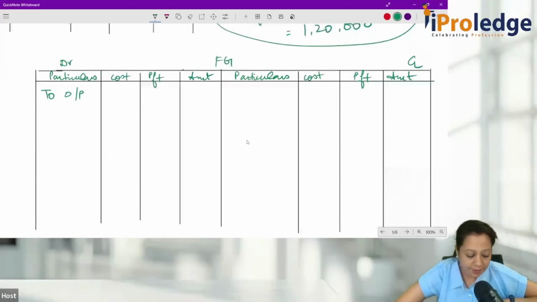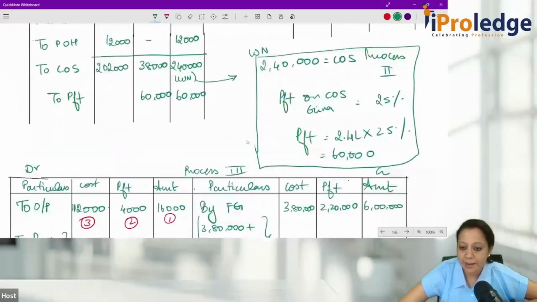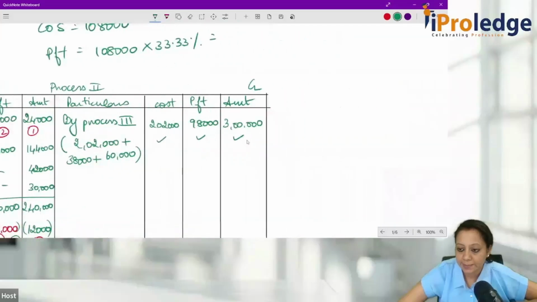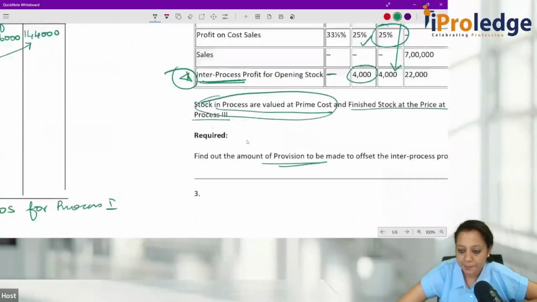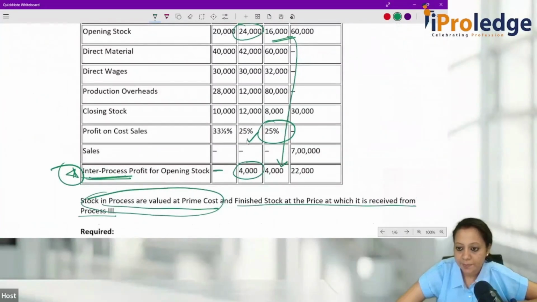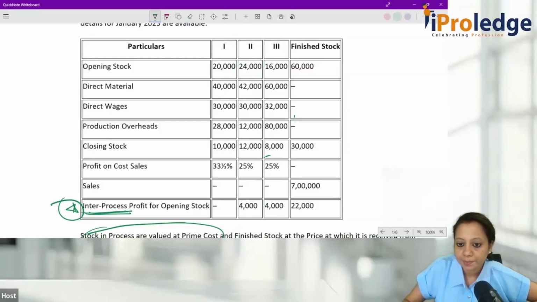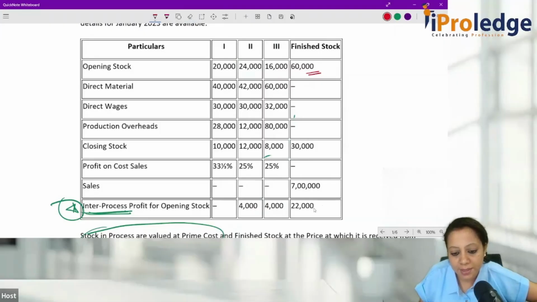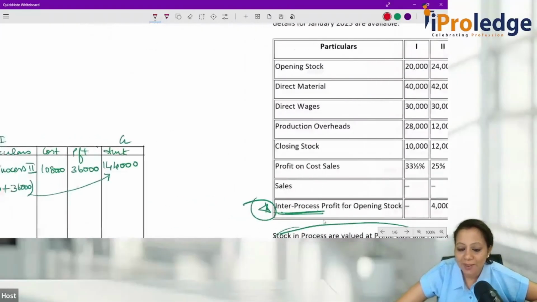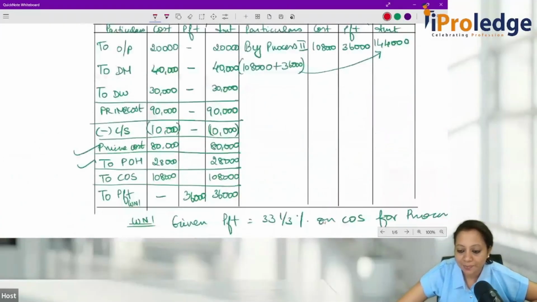So now we will go to the question and I will show you the details. You all see the last column, FG column. In this, they have said opening stock is 60,000, whereas the profit that is sitting inside the opening stock is 22,000. So accordingly, we will do the calculations.